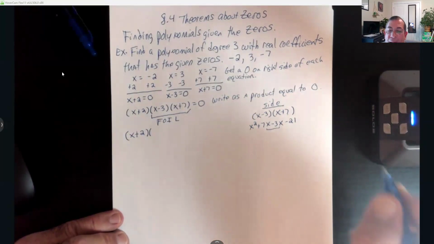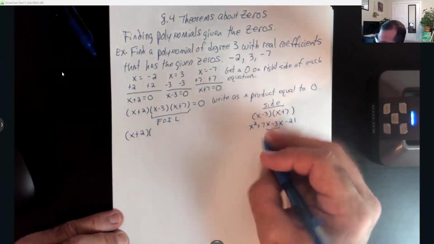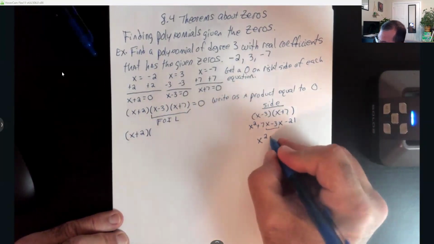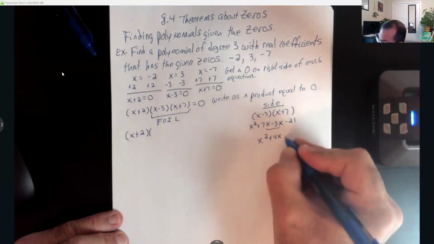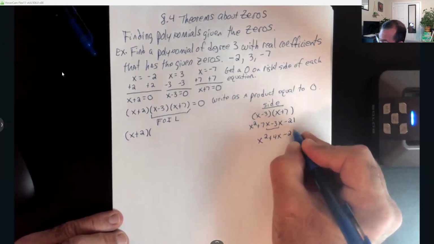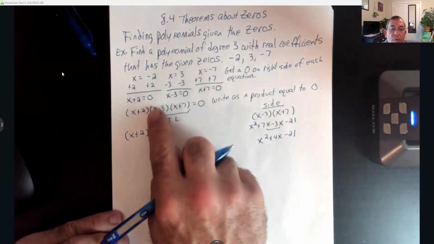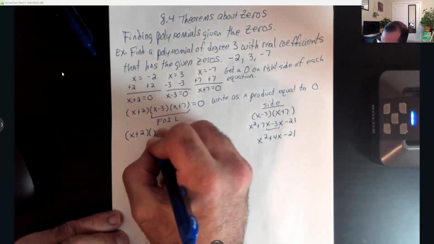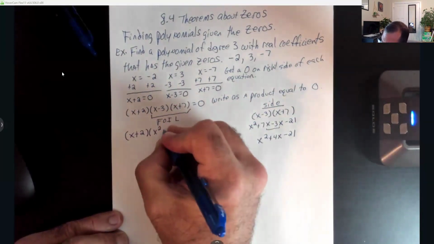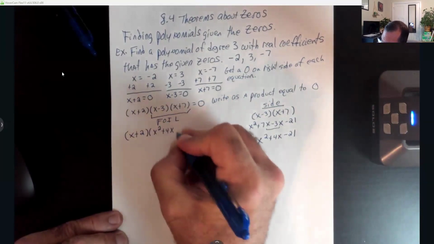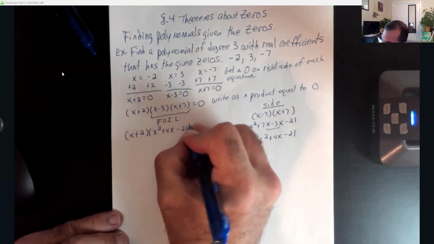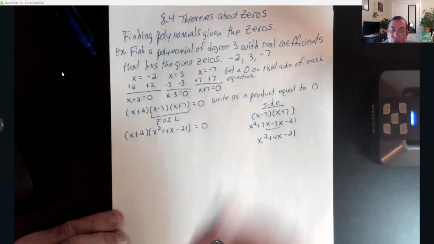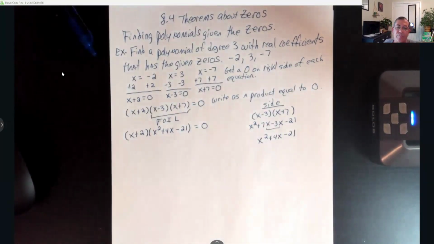I'm going to combine like terms in the middle so that I get an x squared, 7 minus 3 leaves me 4x, and then minus my 21. So these 2 foiled into that. So let's put that here: x squared plus 4x minus 21. And all this is still technically equal to 0.